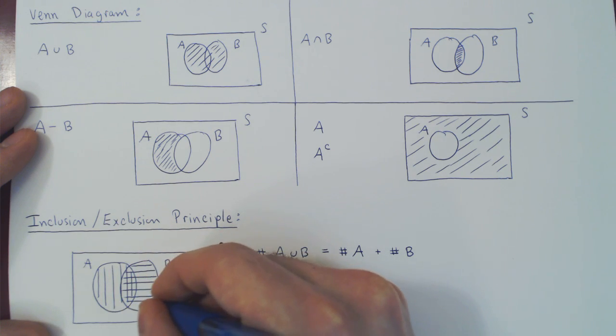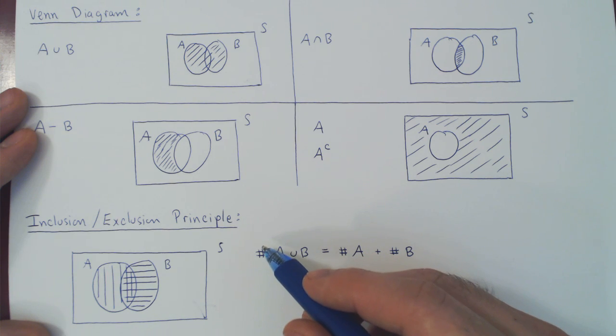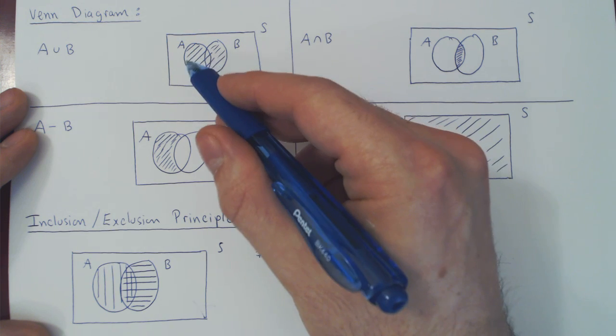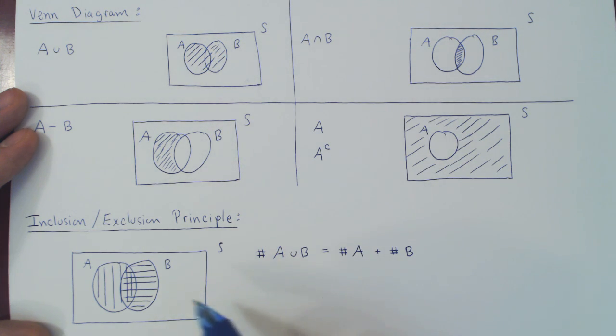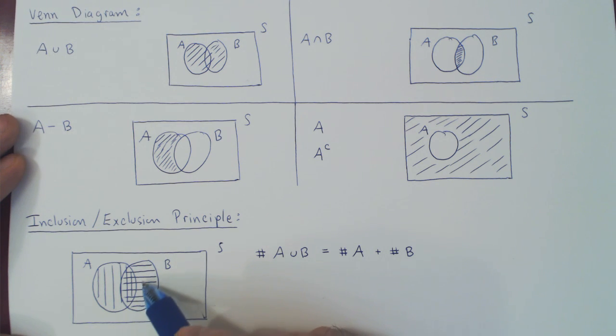And now you may of course ask, is this the right number? If you look at the picture, you can clearly see that the answer is no. When you count the size of A union B, you have to count every element in here once. Well, we've counted what's in A but not in B once. We've counted what's in B but not in A once.